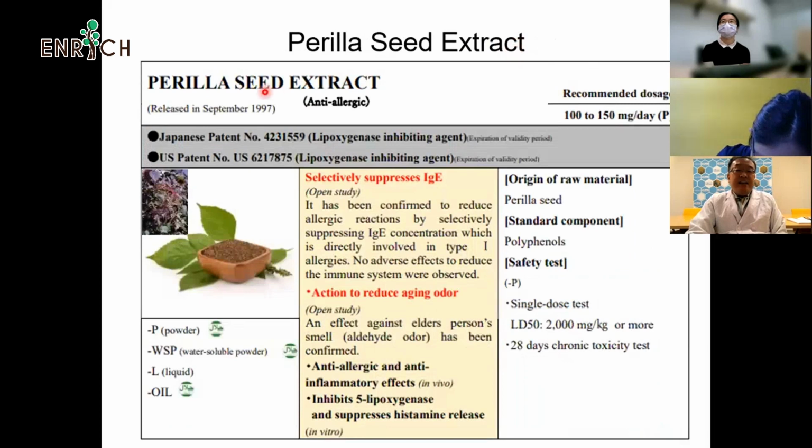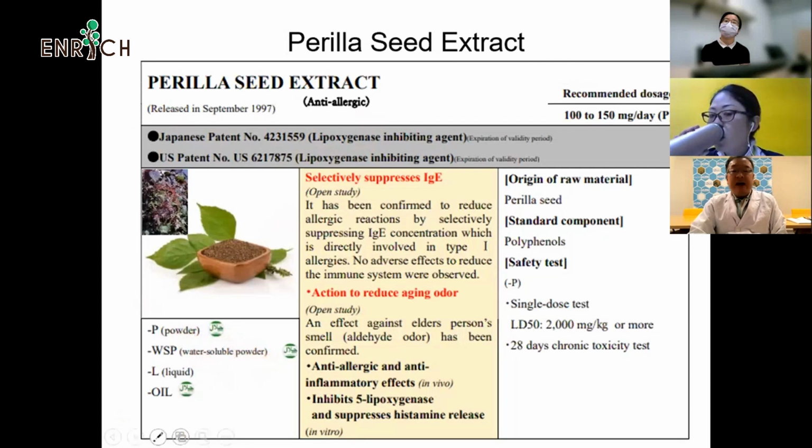So in 1997, we launched a perilla seed extract with anti-allergic effect. This extract was patented in the States and Japan. We have 4 types of forms, including powder form, water-soluble powder, liquid, and oils.